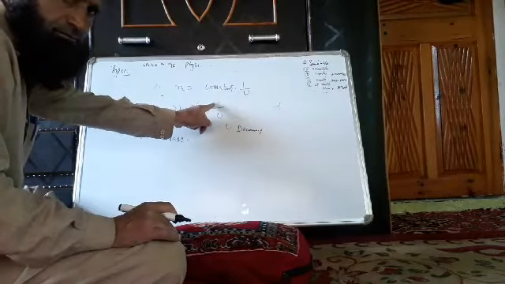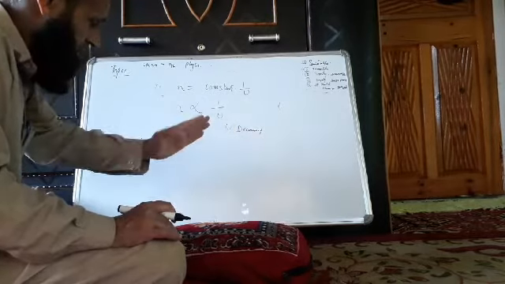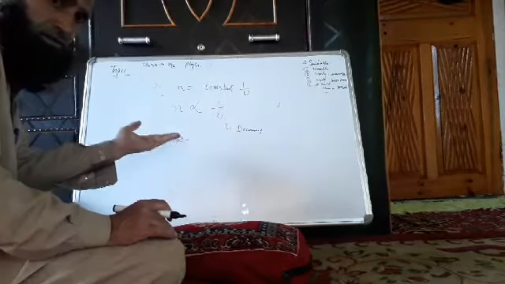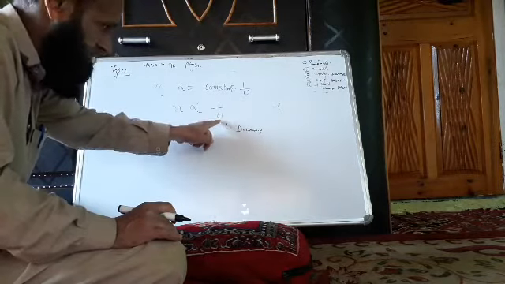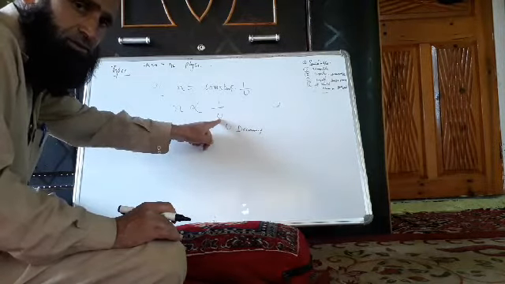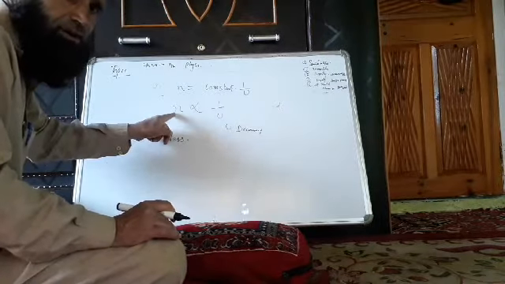We know the unit of mass is kilogram. Instead of 1 kilogram, it may become 1 by 1, so it remains 1.